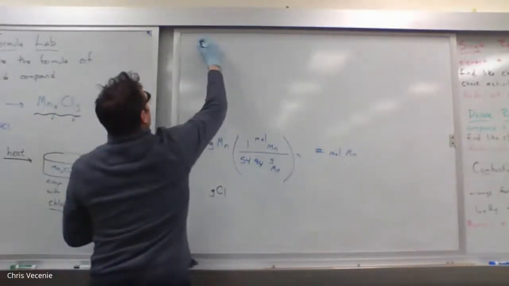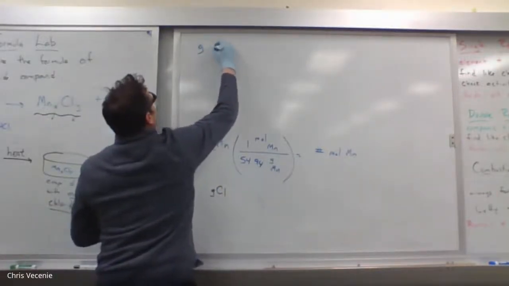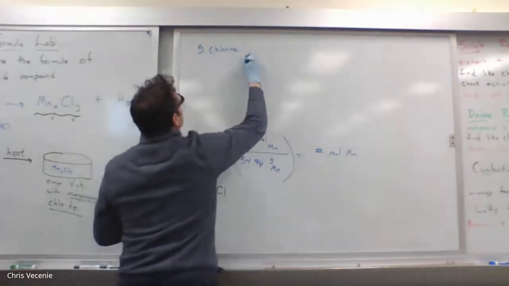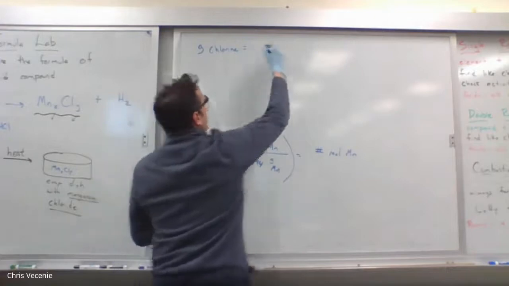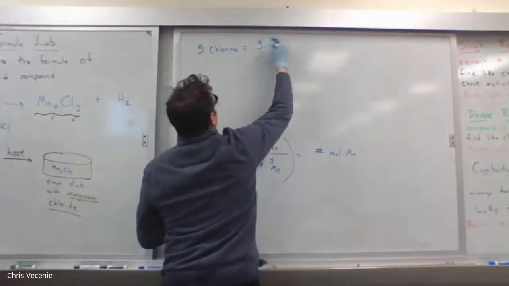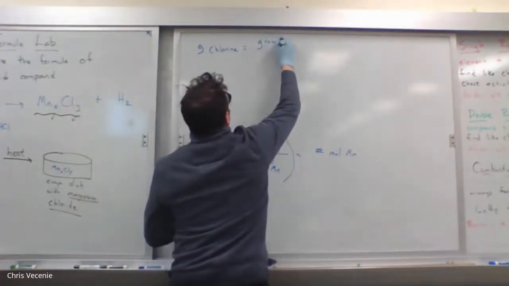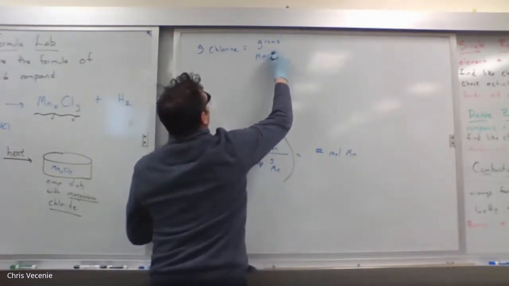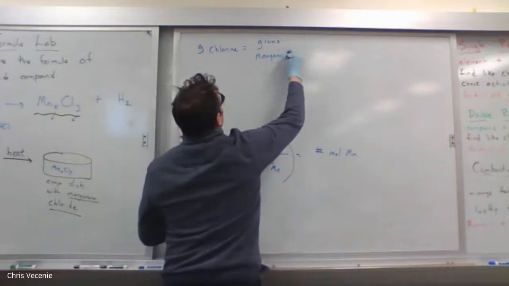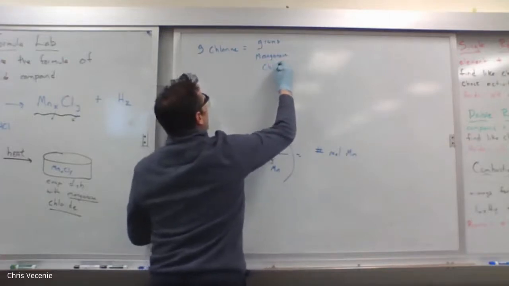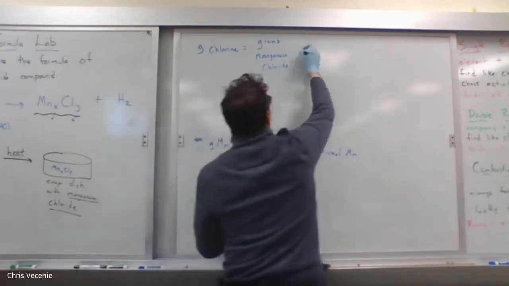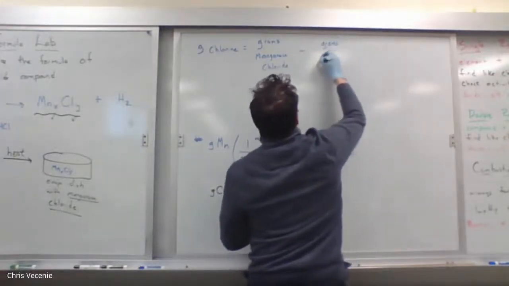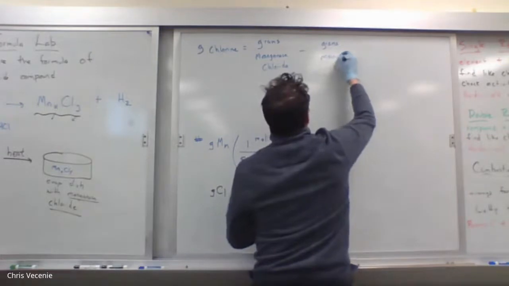All right, so if we want to get our grams of chlorine in the column, what we need to do is take the grams of the manganese chloride, which I just showed you how to get, minus the grams of the manganese.